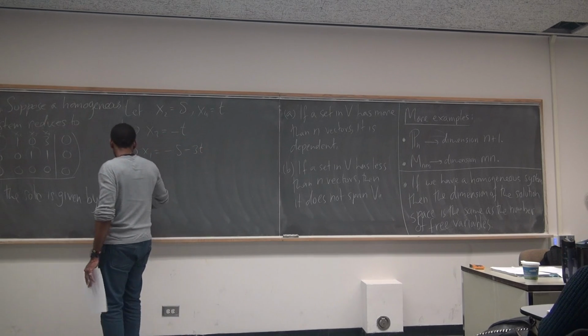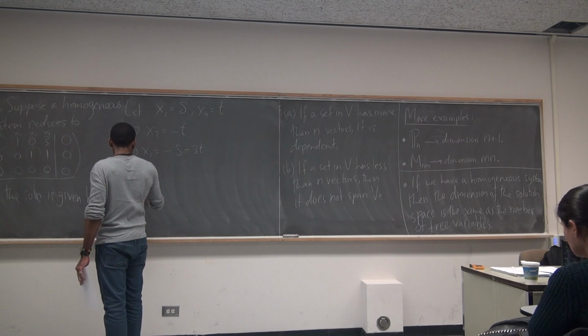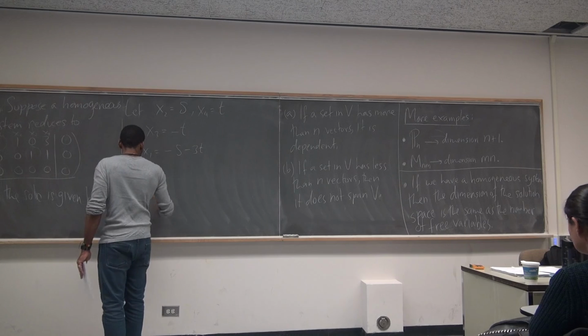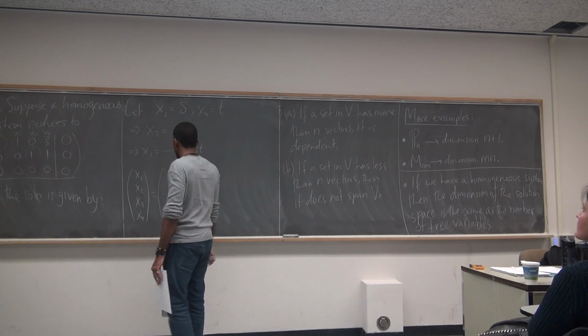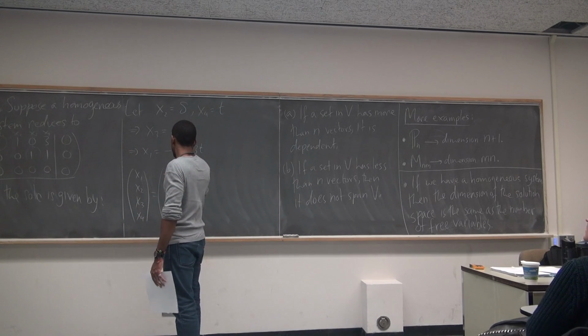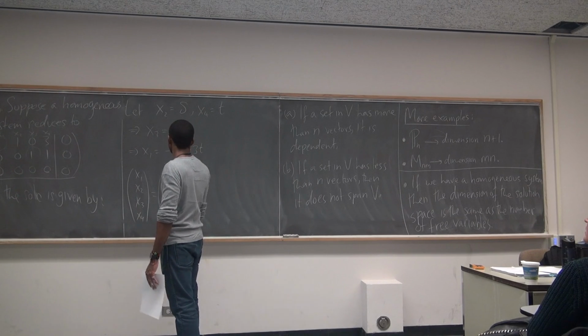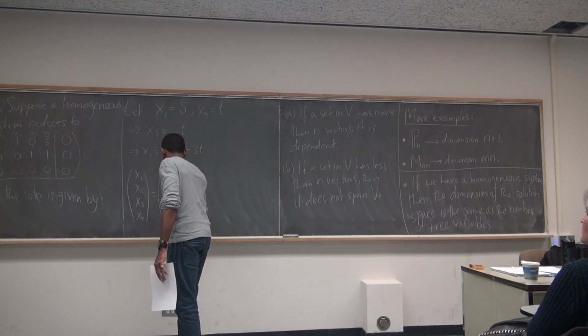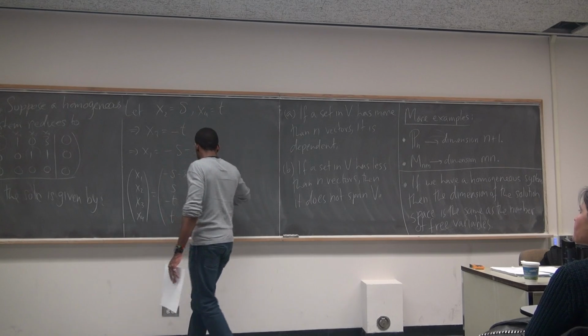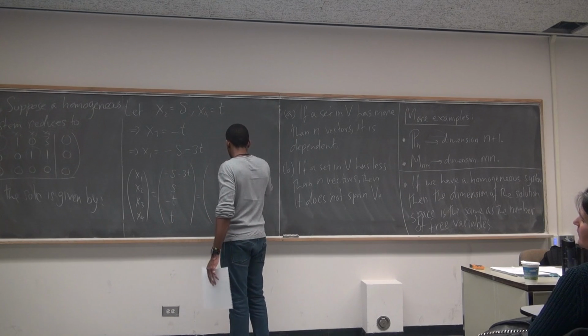And so if I look at my solutions, x1, x2, x3, x4, what would it look like? I just start putting these guys in. Minus s minus 3t, x2 is s, x3 is minus t, x4 is t, which again, remember we can sort of split these guys up.